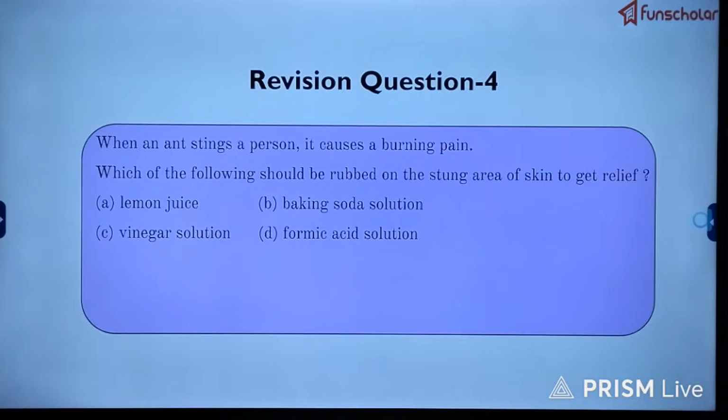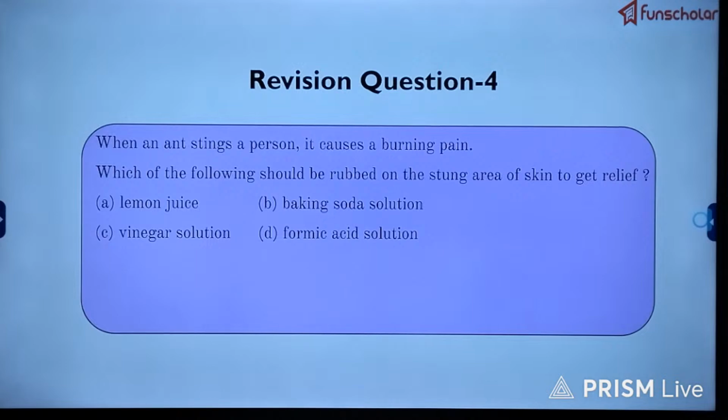We already learned that vinegar is nothing but acetic acid, so that is also another acid. So acid, no way. And then formic acid solution. The ant sting itself is the formic acid. If that is what is creating the pain and burning sensation, and I add some more, then it will only make my problem worse, right?